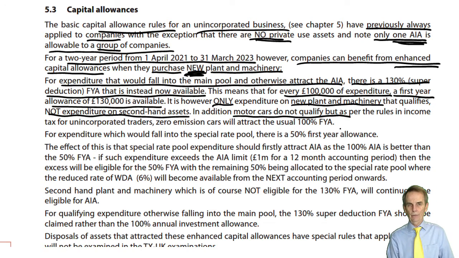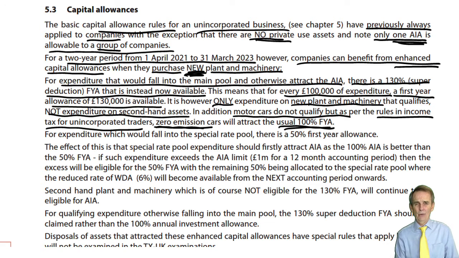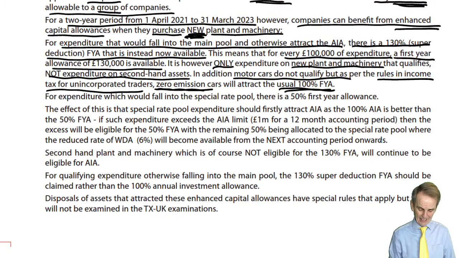They do not qualify for that super deduction, the 130% FYA. But of course, we do get an FYA, the same rules as we have for unincorporated traders, for zero emission cars. Whether it's an unincorporated or incorporated trade, it doesn't matter, the 100% FYA is available in relation to zero emission cars.